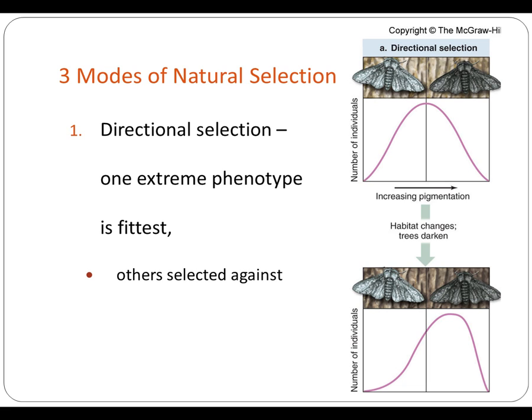In the environment where it was really polluted and yucky, which one do you think would survive better? The darker one, because it blends in, versus a lighter colored one. The lighter colored one is going to be lunch for a bird or something like that. So it's going to be naturally selected out in a dark, polluted environment.